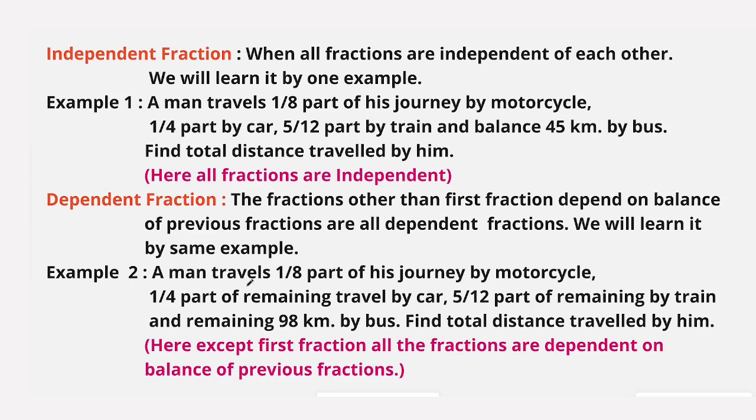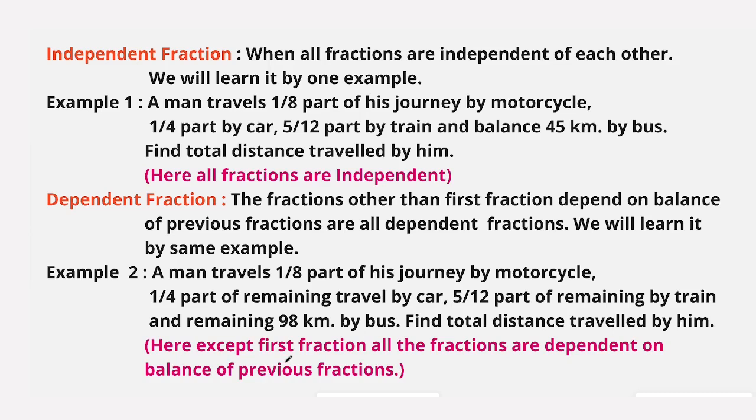A man travels 1/8 part of his journey by motorcycle, 1/4 part of the remaining travel by car, 5 upon 12 part of the remaining by train, and the remaining 98 kilometers by bus. Find the total distance traveled by him.